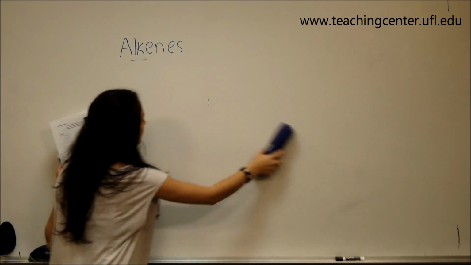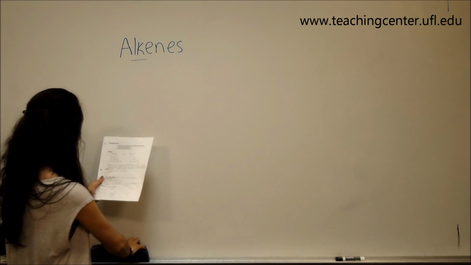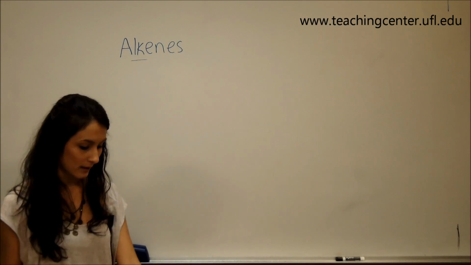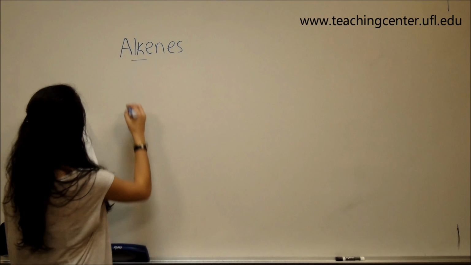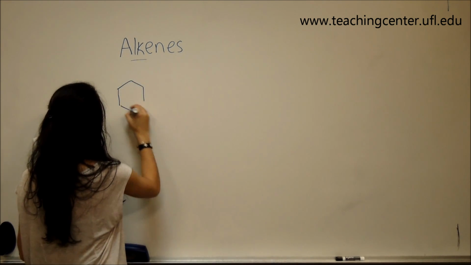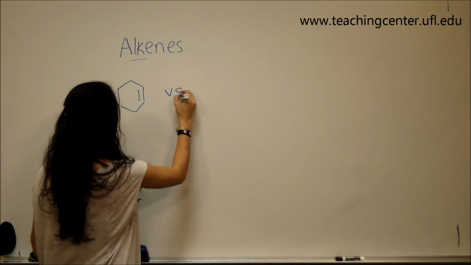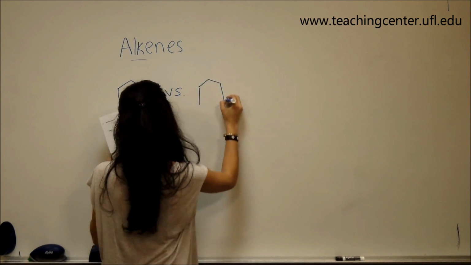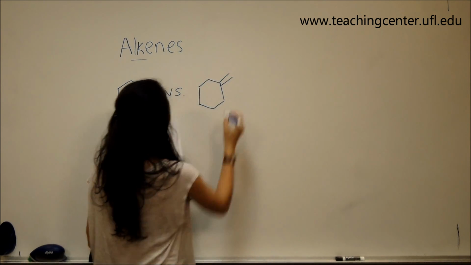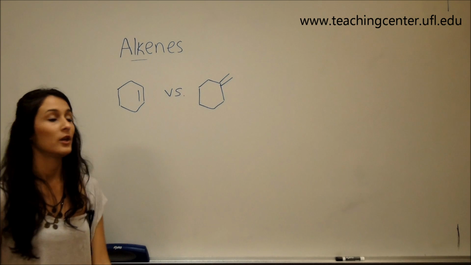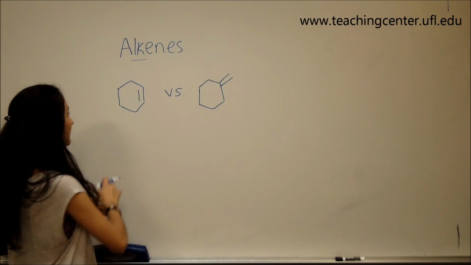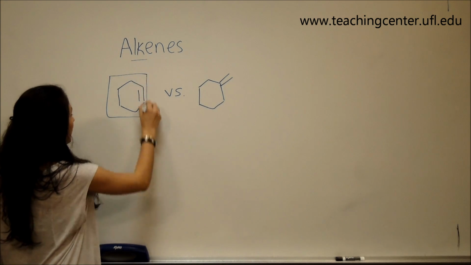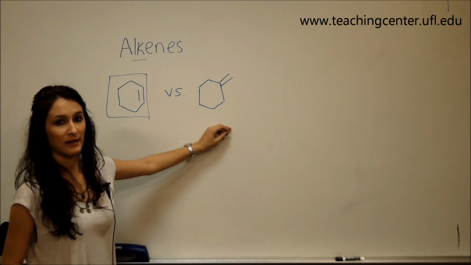All right. My last point that I want to make is that a terminal alkene is going to be less stable than an internal alkene. So if they gave you a problem like this on the exam and asked you which one was more stable, you would want to say that the internal alkene here would be more stable than a terminal alkene here.